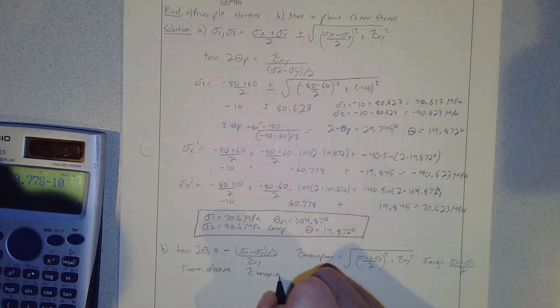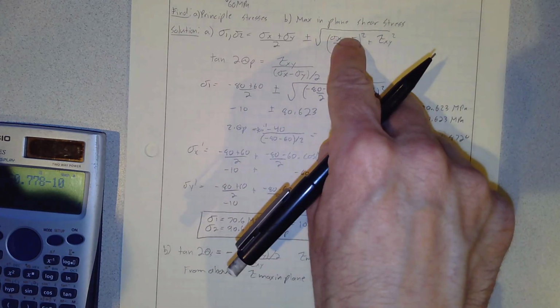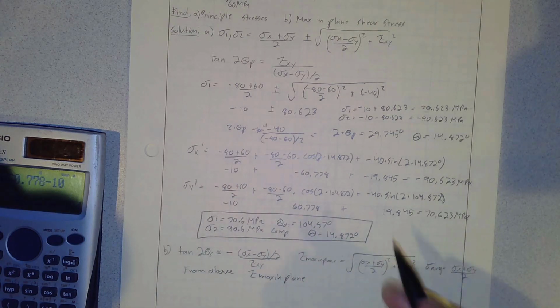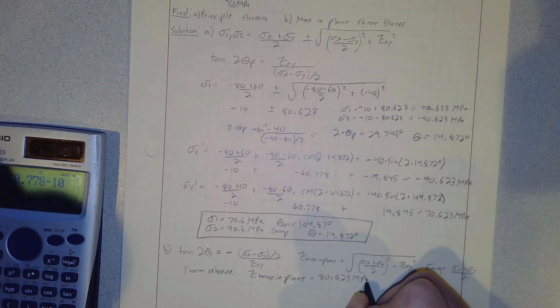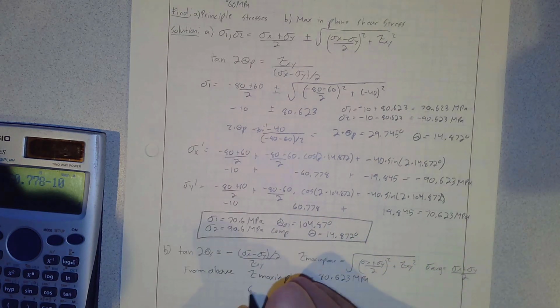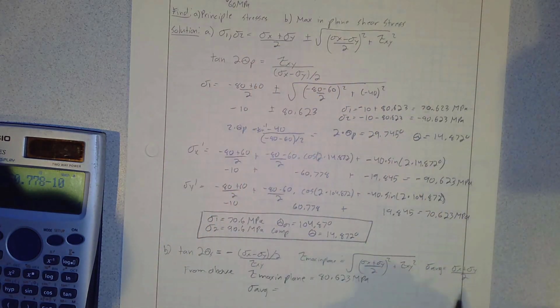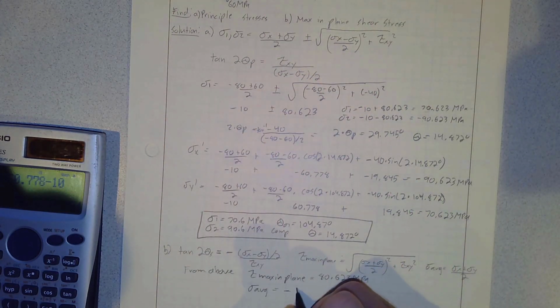max in-plane shear stress is equal to, we found that the value for that term was 80.623 megapascals, and sigma average is equal to, that's this term, which was the same as up there, plugged in value, negative 10 megapascals.